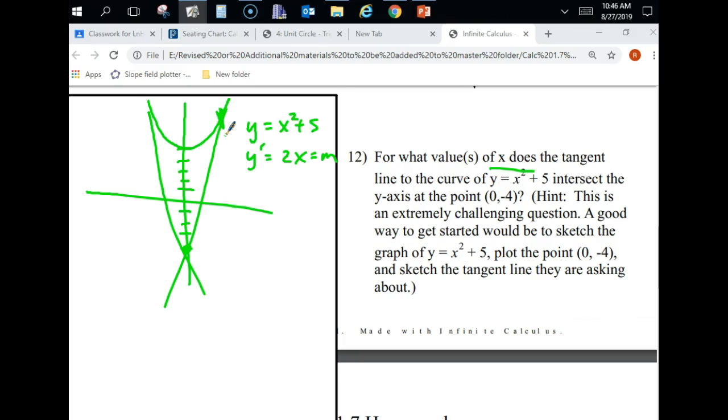We do know it goes through this point. So I wonder if we could use our point slope formula. What's the y value that they gave me? -4. I wonder if this will work. It would be like y minus... And what's the slope? 2x. And what's the x value? 0.